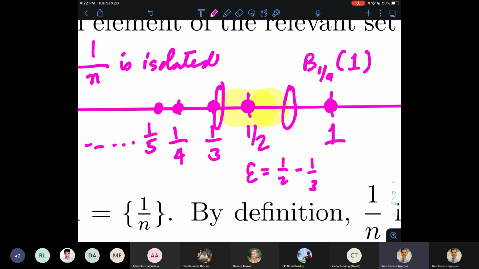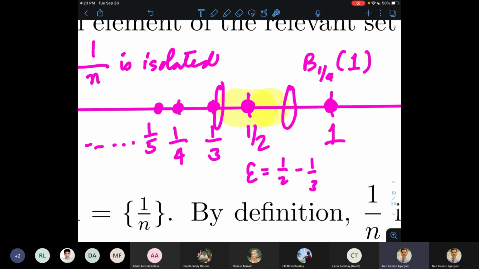So pag kinuha kong epsilon si 1/2 minus 1/3, ibig sabihin yung open ball centered at 1/2 with that radius epsilon will not contain any other element of A aside from 1/2. So that proves that 1/2 is an isolated point. And I think now you can guess that for 1/3, I can choose epsilon to be 1/3 minus 1/4.